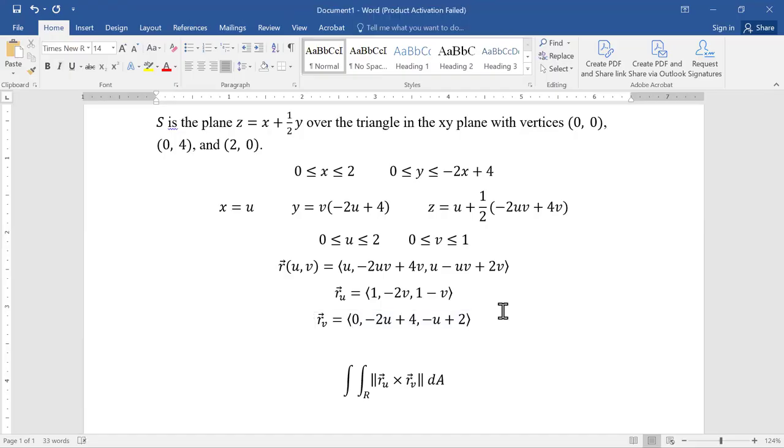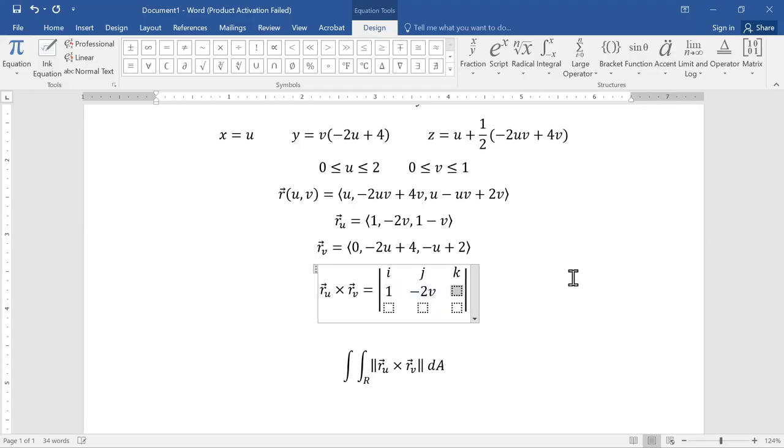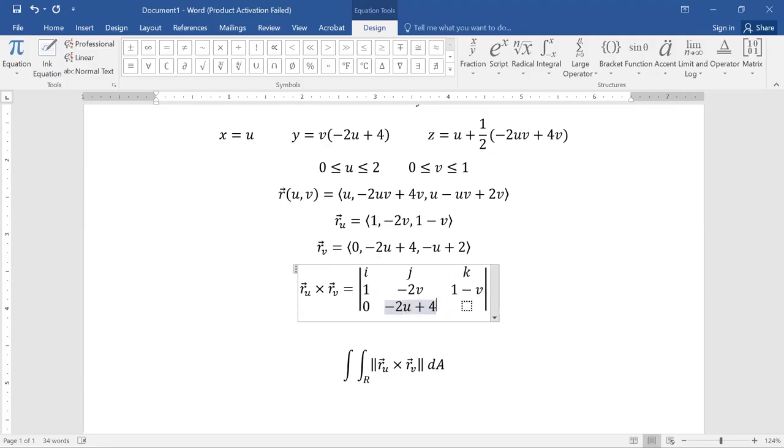And now we're going to take the cross product of those two things. Hopefully you remember that the cross product of two vectors we can get by taking the determinant of, I think of it as i j k, 1, negative 2v, 1 minus v, with 0, negative 2u plus 4 times negative u plus, or excuse me, negative u plus 2 in the third.